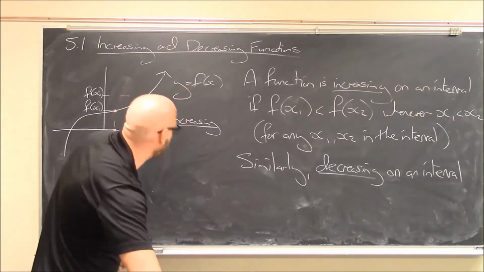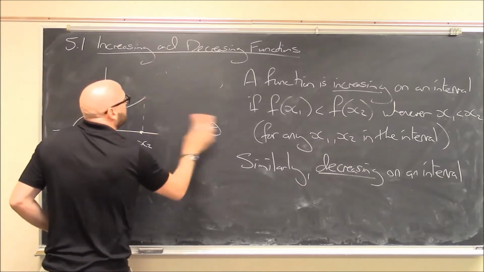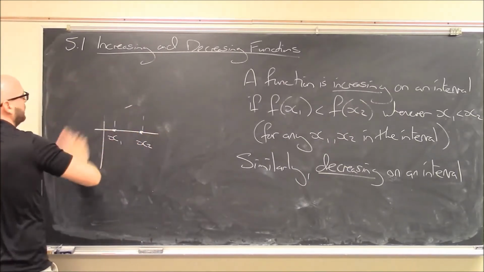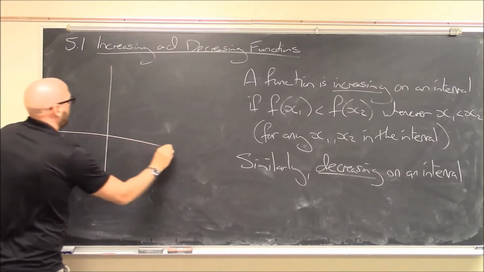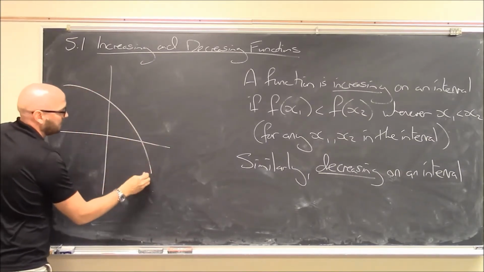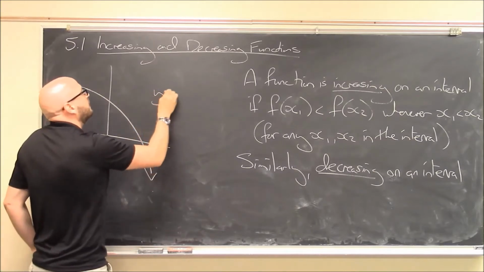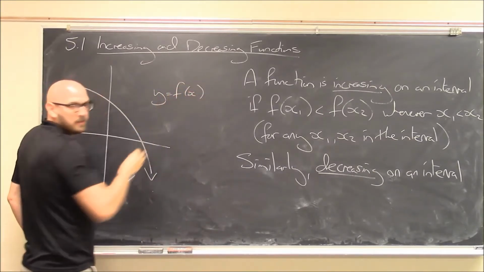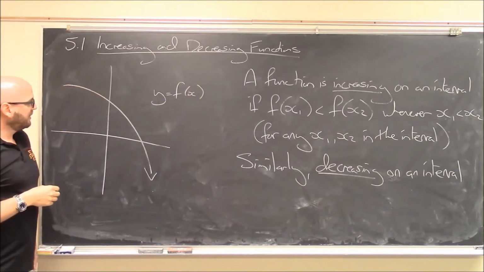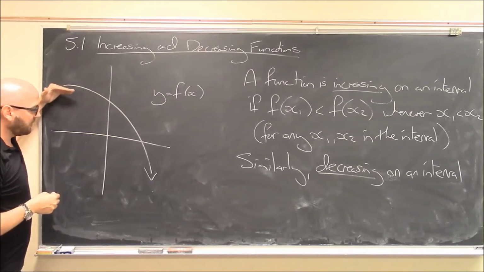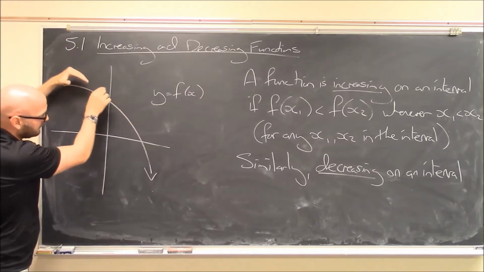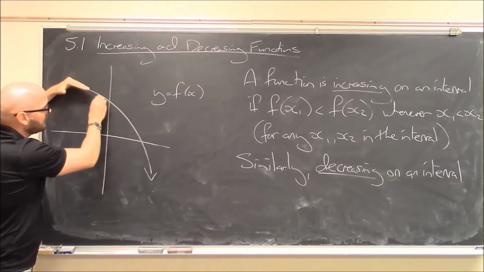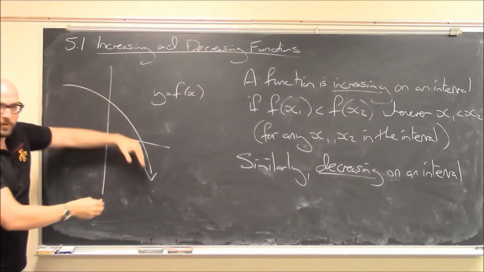Well, let's draw a decreasing function. So here's a function that's always decreasing, right? y equals f of x. Why is it decreasing? Well, because as I move from left to right, again, think of this as a roller coaster. If I move from left to right, as I go towards the right, my y values are getting smaller and smaller and smaller, right?